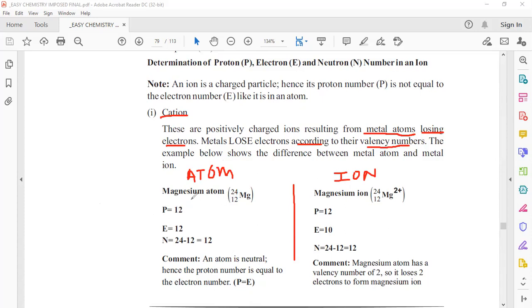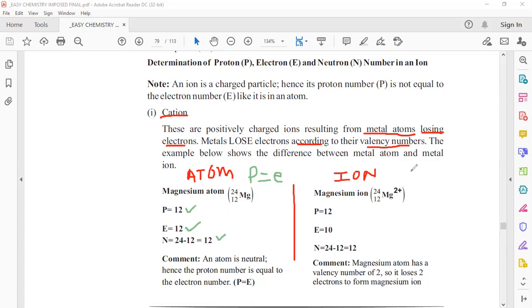But remember, we should not forget this fact, in an atom the P is always equal to the E. So if your proton number is 12, your electron number will also be 12. How do we get the neutron number? We get the mass number, which is 24, then we subtract the proton number, which is 12, and we get 12.